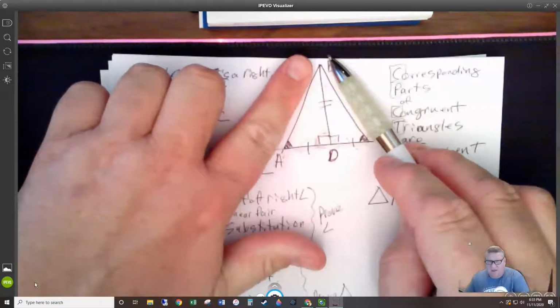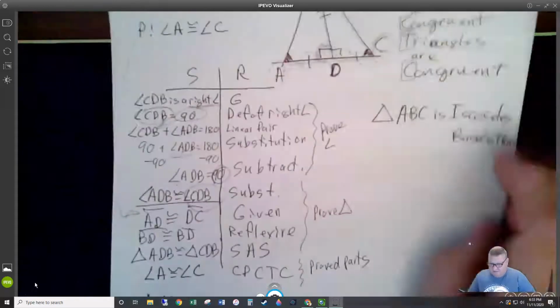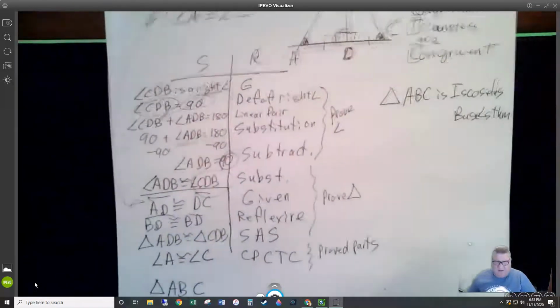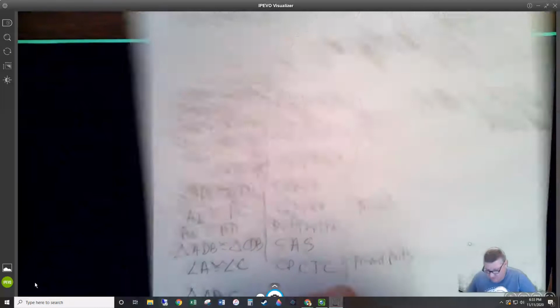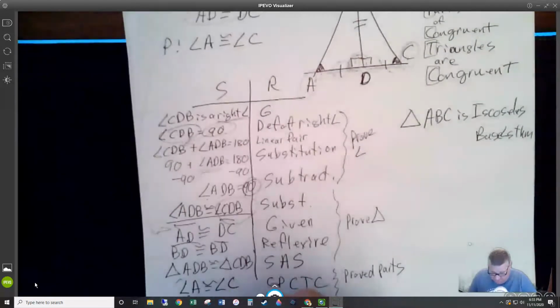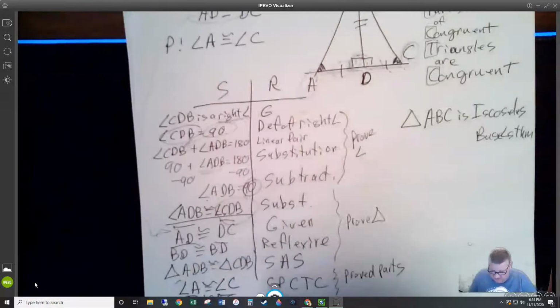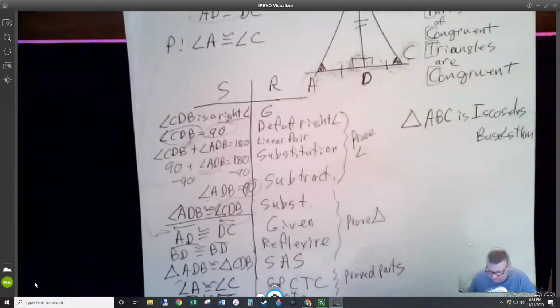They're congruent. And if they're congruent, then we can say that the triangle's isosceles. But if you don't like it, you could also have said that AB is congruent to BC by CPCTC, and then you could say that it is isosceles by definition of isosceles.